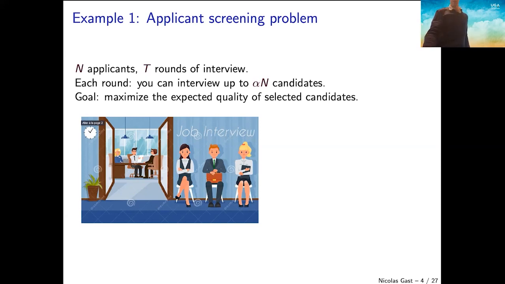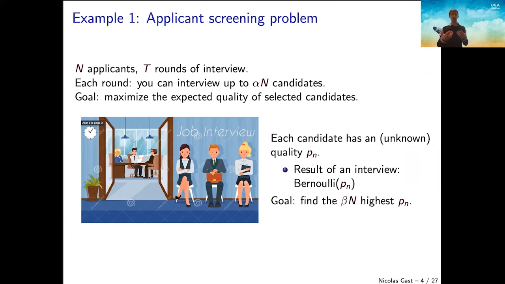The way this can be modeled is with some Bayesian model, where each candidate has some internal quality that I'll call Pn here. If you use a Bayesian framework, you can estimate Pn via the posterior distribution of what you think is the quality given the answers that this candidate provided. For instance, a simple model is that quality is between 0 and 1.